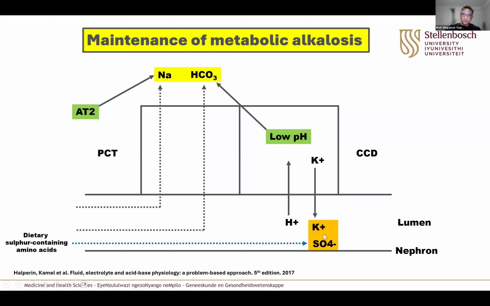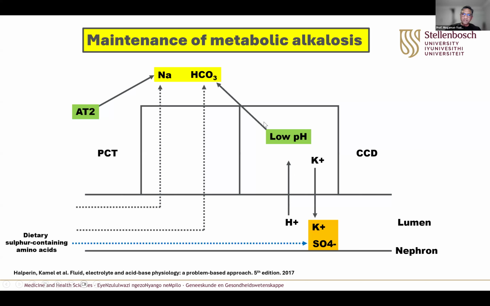Potassium is excreted with the sulfate because the sulfate must be excreted with a cation. So it actually forces out potassium, and in a nutshell, we excrete potassium sulfate in the urine. And this happens in exchange for hydrogen. So potassium goes out in exchange for hydrogen.